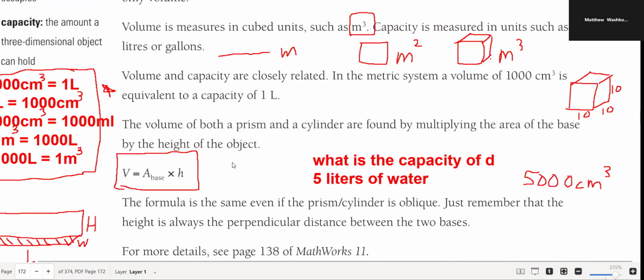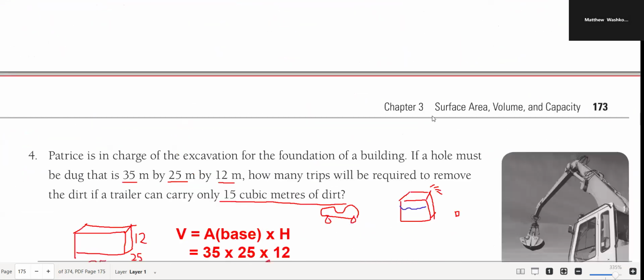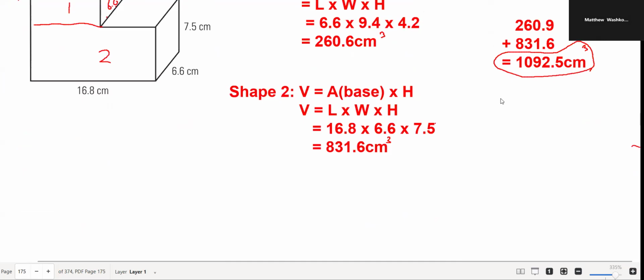Well, luckily, you guys were given a formula for that, right? So, okay, I know that if 1,000 cubic centimeters is equal to 1 liter, well, then I just got to divide this by 1,000 to figure out how many liters, right?